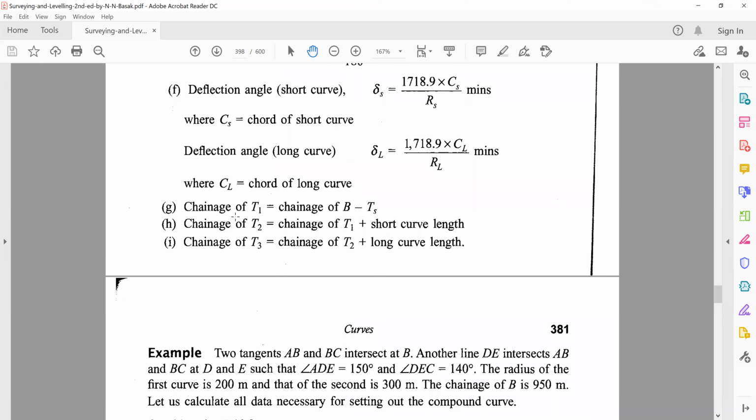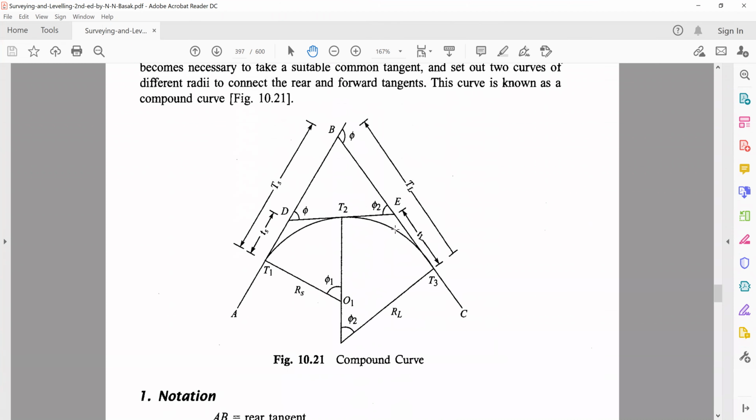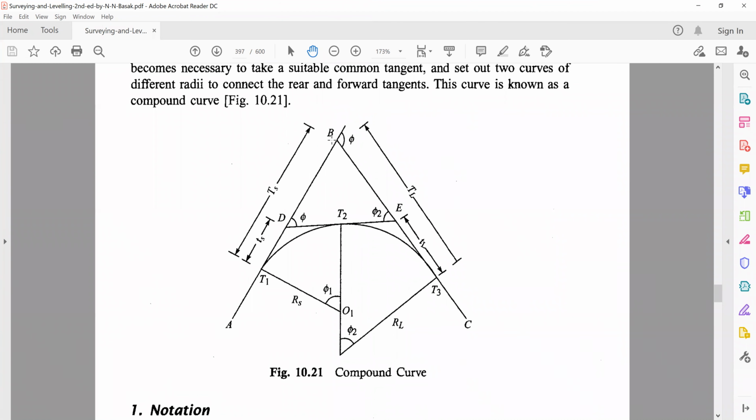Then we have the chainage of the point T1, which is the chainage of the point B minus TS. Usually what they do is that they give you the chainage of the point B. From the chainage of the point B, if you subtract the tangent length of the combined or the compound curve, you get the chainage of the point T1.